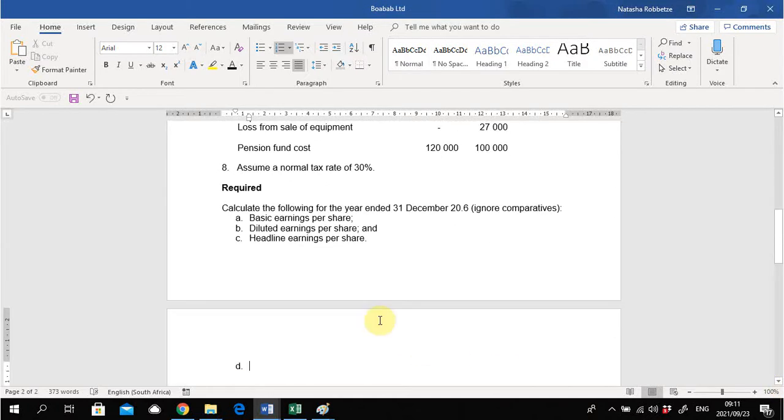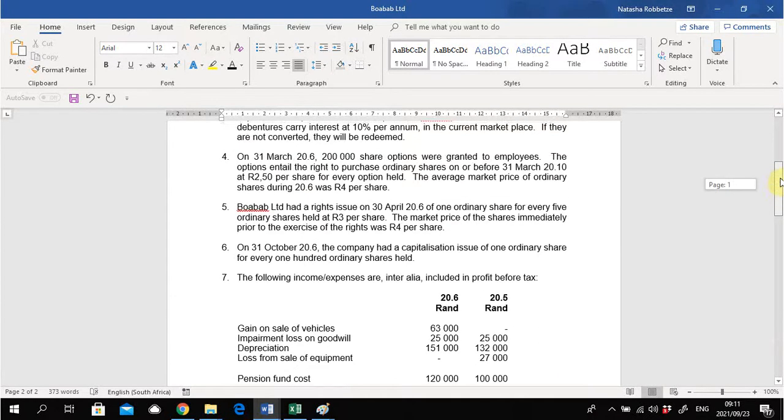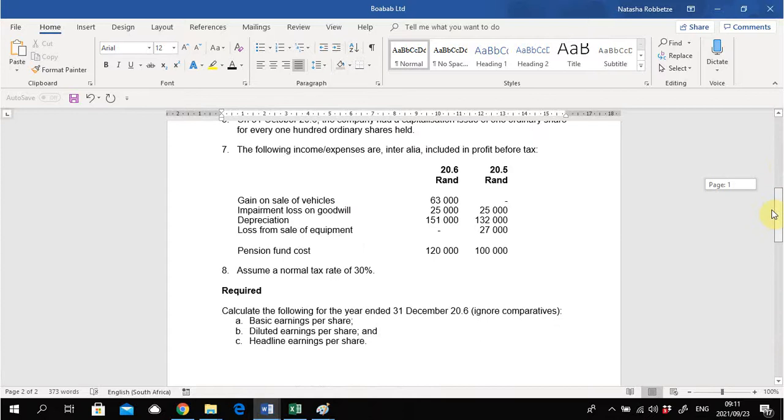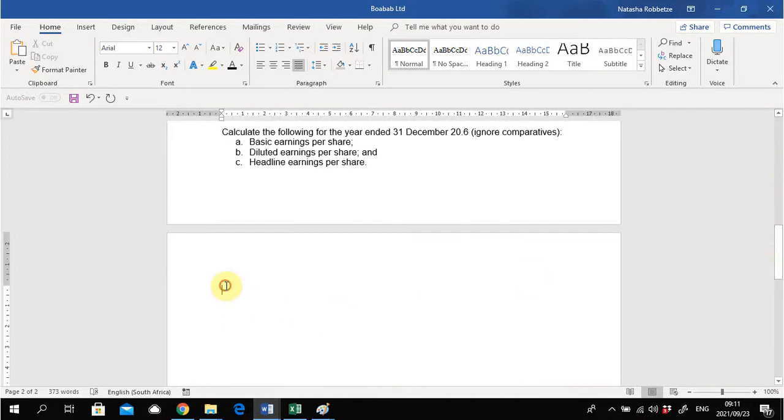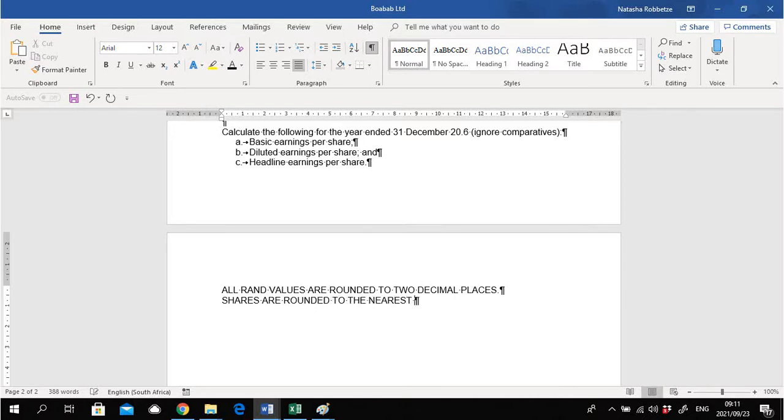So I would just like to add, I wonder if we can add it to the same page. Here, it seems not, but let's assume for the rounding that all Rand values are rounded to 2 decimal places, and the shares are rounded to the nearest whole share.